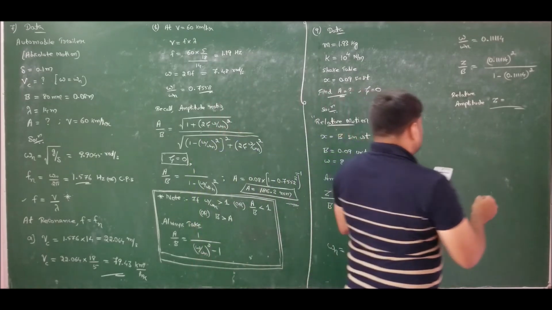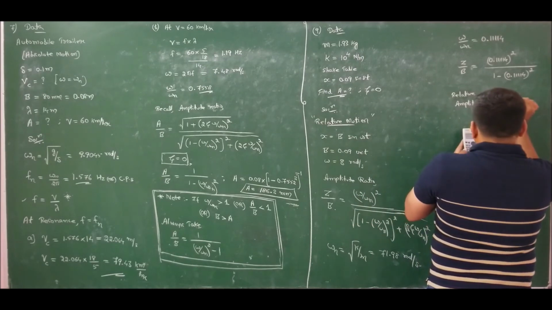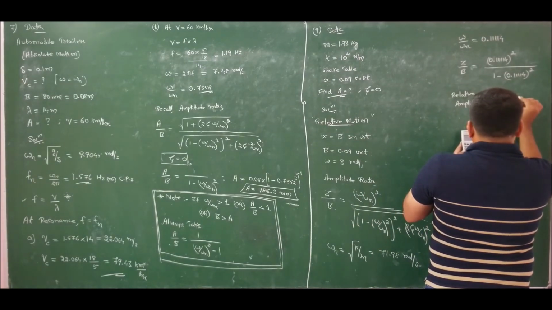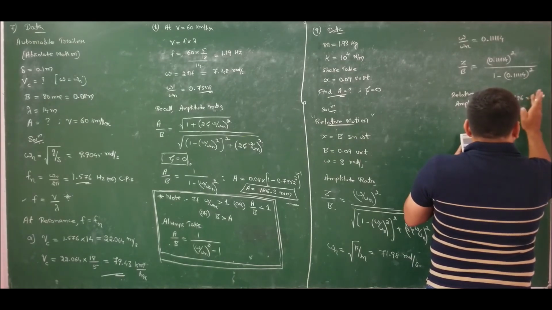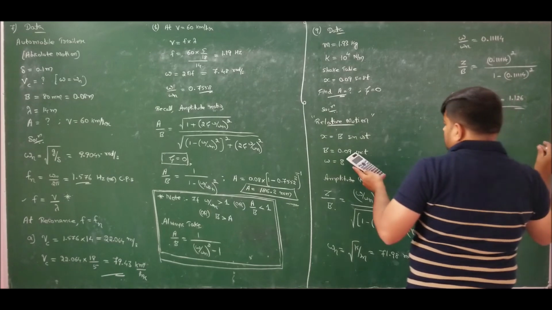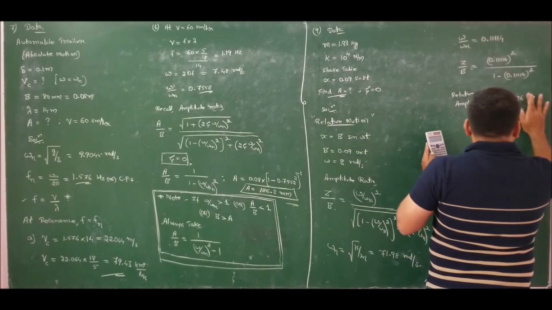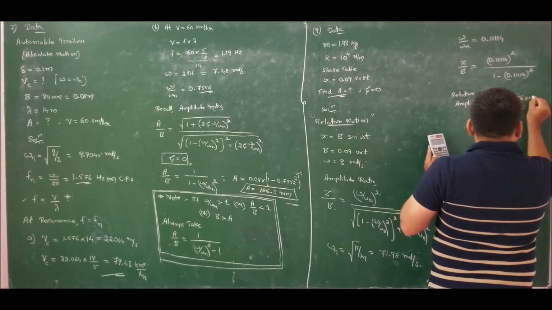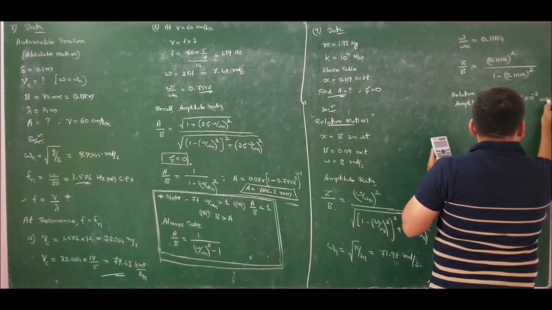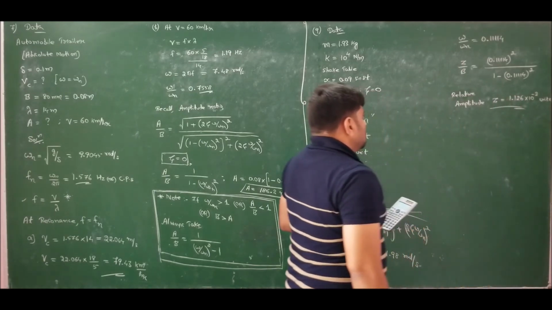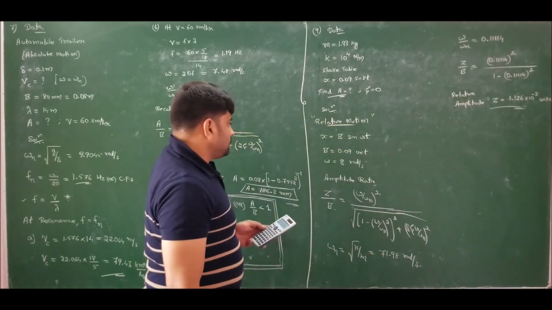You get the value of z as 1.126 into 10 to the power of minus 3 units. If I take this in meters, this will be in millimeters. So that is what I got.